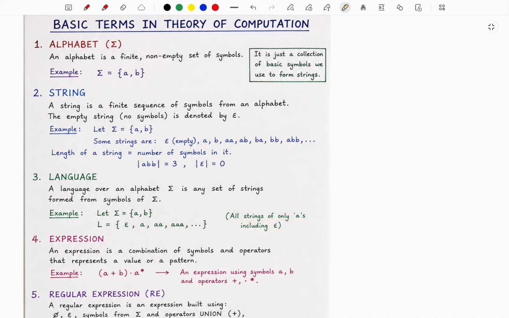So this language contains only strings made up of A's, including the empty string. So remember, we can generate strings from alphabet and we can generate language from strings. So we can write like this: alphabet, strings, and language.